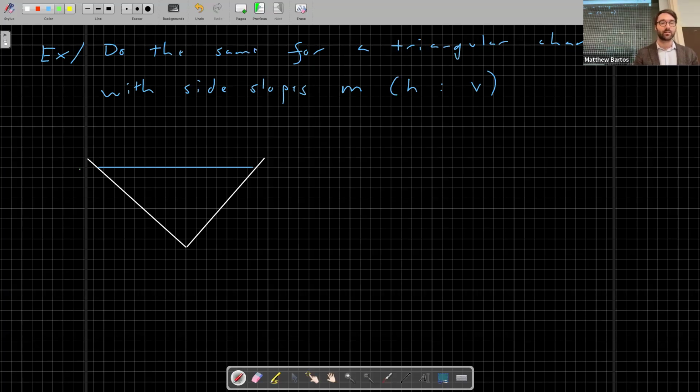The depth of water is equal to H as in hotel. The side slopes are M in the horizontal direction. So M as in mountain to 1 in the vertical direction. Again, this is M to 1. So the run is M, the rise is 1.